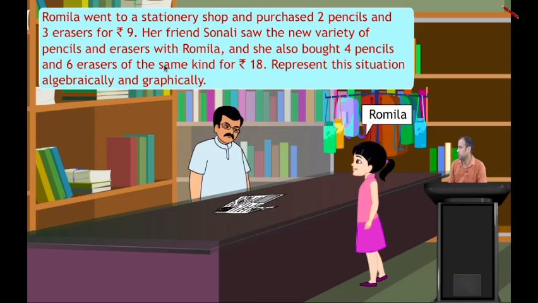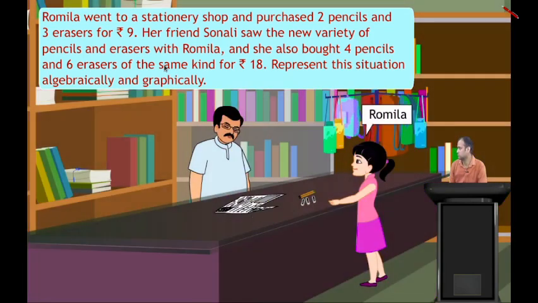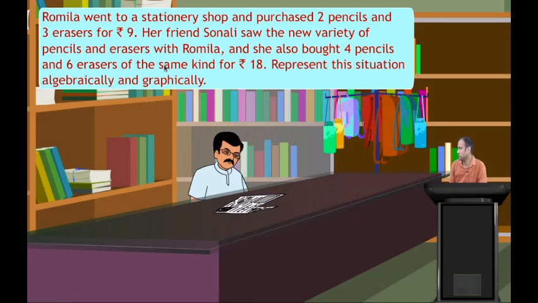So here is Romila. She went to a shopkeeper and she wants to buy 2 pencils and 3 erasers. So it is 2 pencils and 3 erasers. And she gave ₹9 to the shopkeeper.